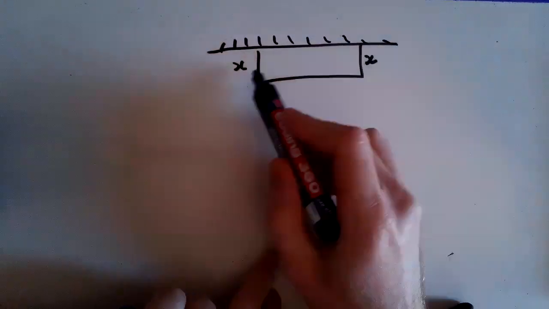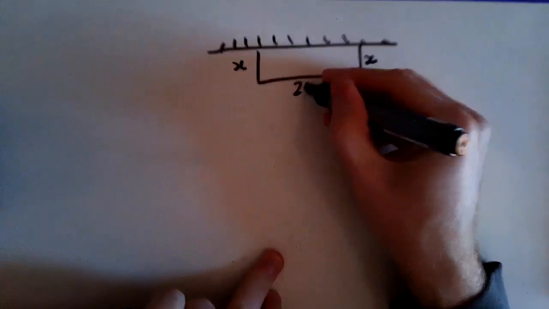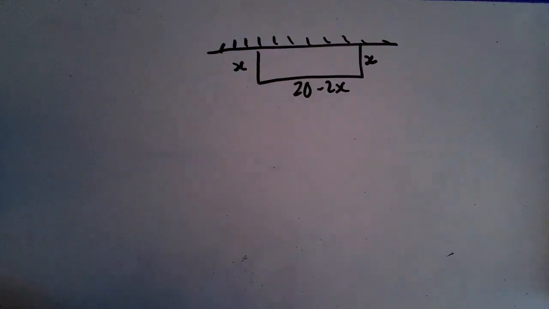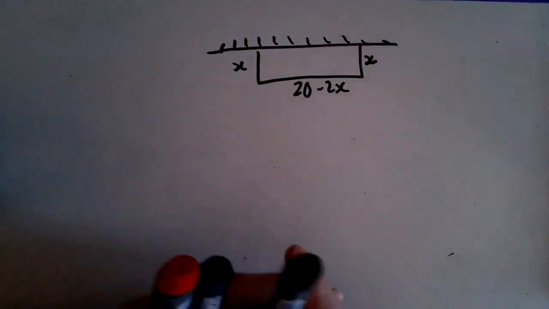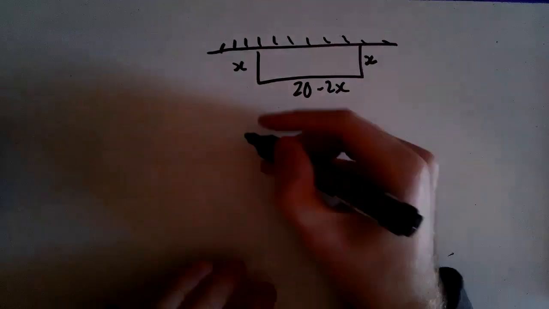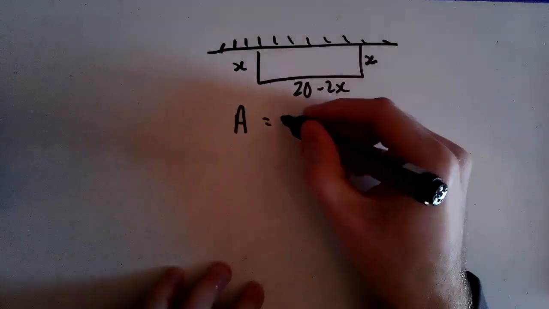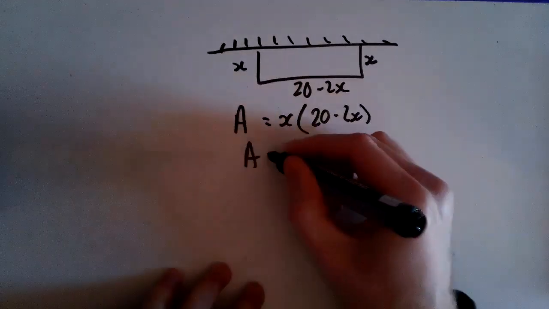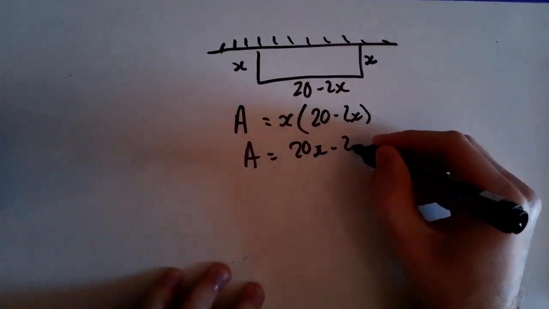So that's got 2x so far. So this bit here must be 20 minus 2x. And it says use differentiation to find the maximum value. A is the area. So area equals length times width. So area equals 20x, take away 2x squared.